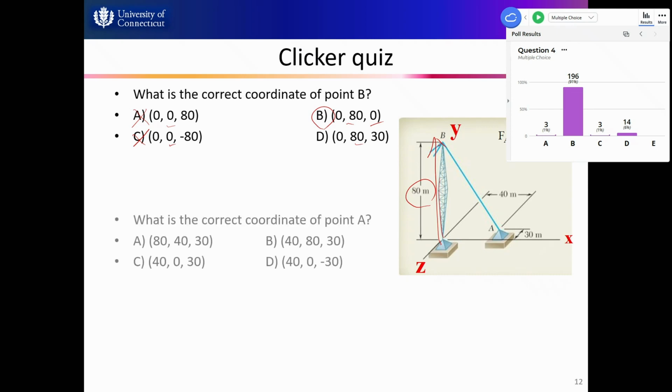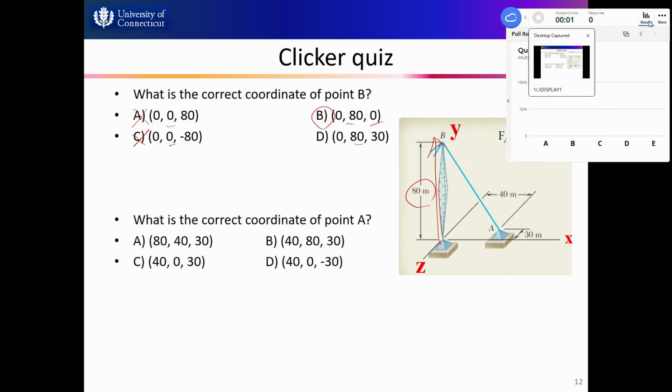And then let's try A and then move on. So what about the coordinate of A? So this one, I show you the statistics. And this is the last clicker quiz. So if you didn't participate, please use it.